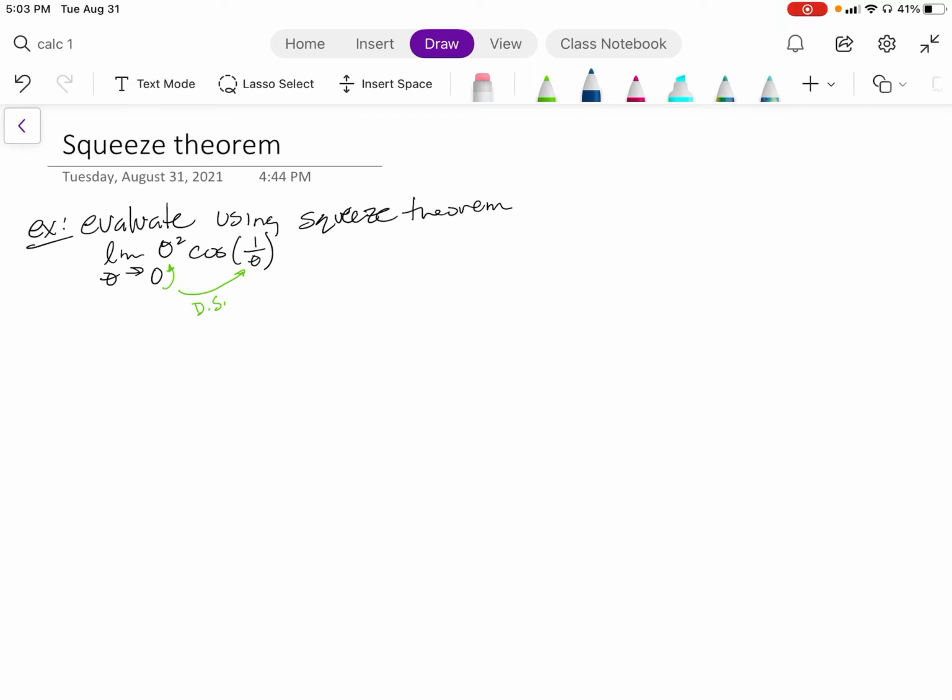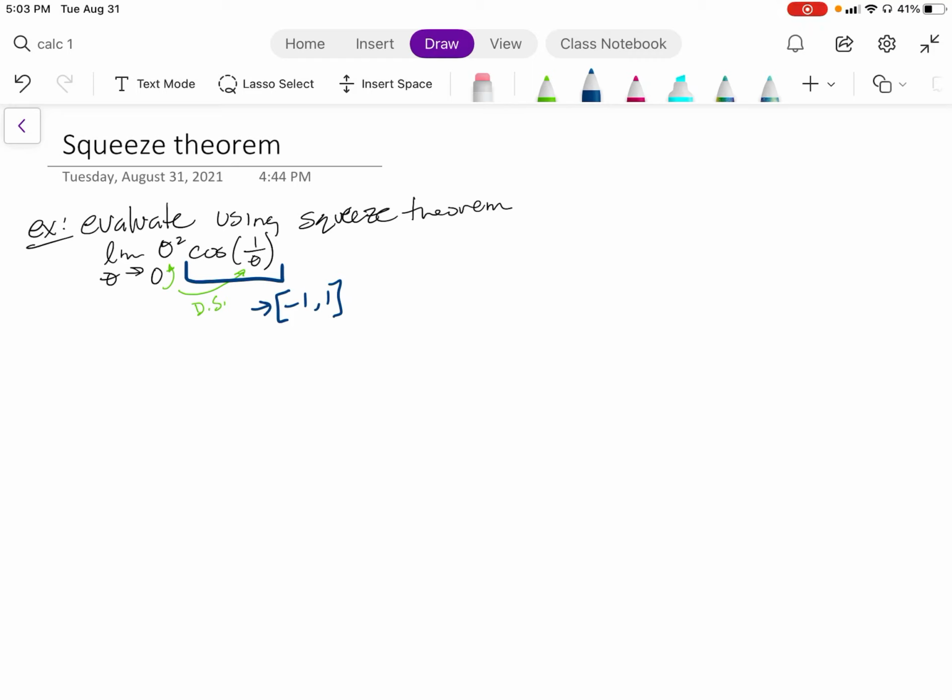Most of them, the idea is this: cosine of any angle, if I were to think of the graph of cosine, it ranges from -1 to 1. So I know that this value will yield something in there, and it includes -1 to 1.